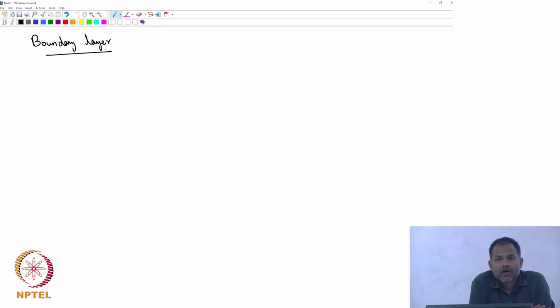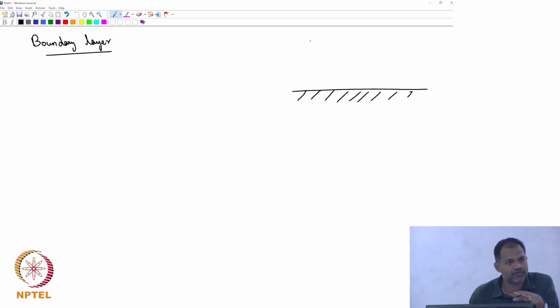So a boundary layer is nothing but the region of the fluid flow that's affected by a nearby solid boundary. For example, if you have a flat plate, a solid plate, and a fluid flowing on top of it, there will be a region which is affected by the solid plate.